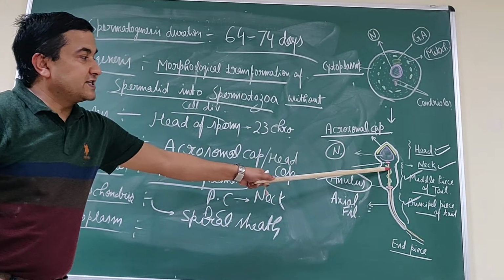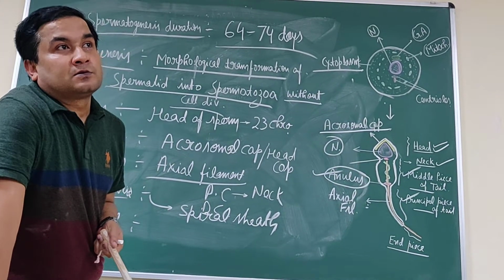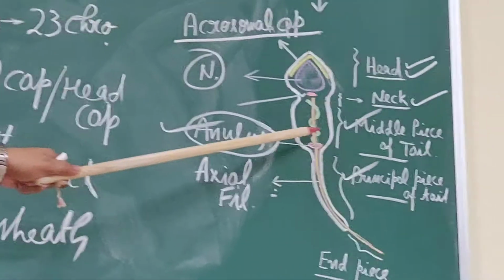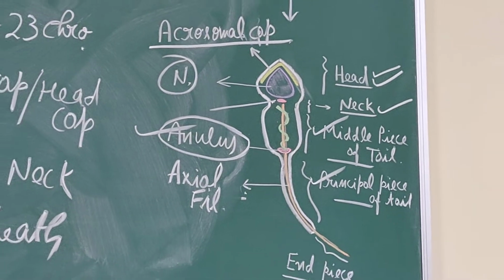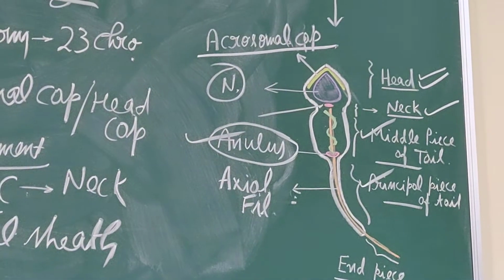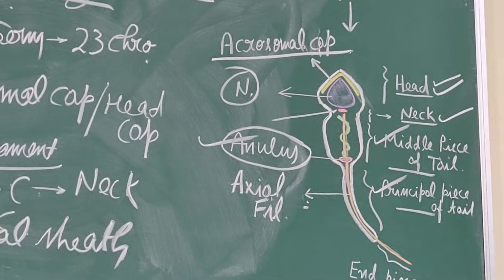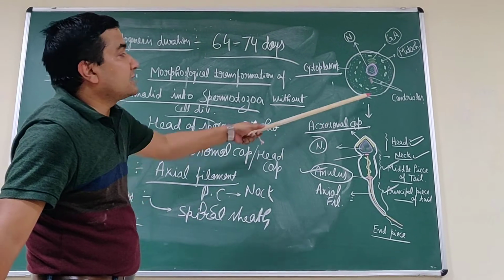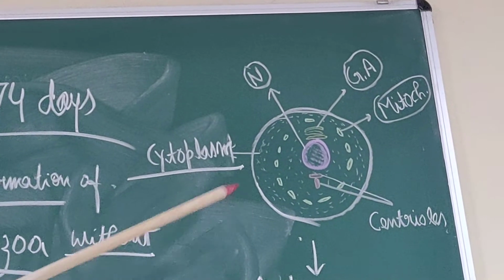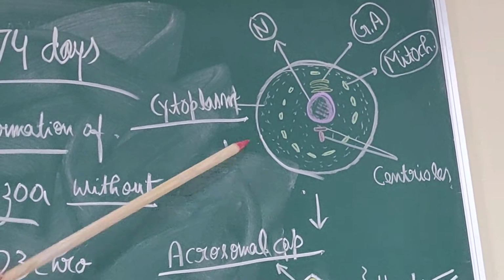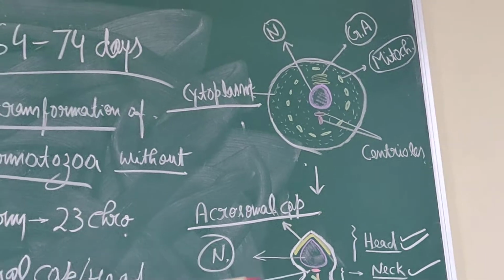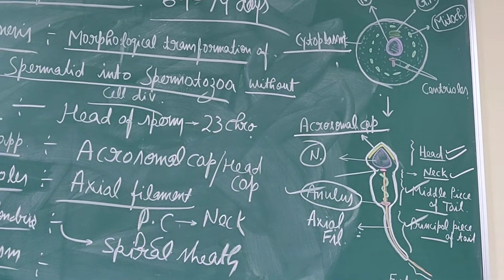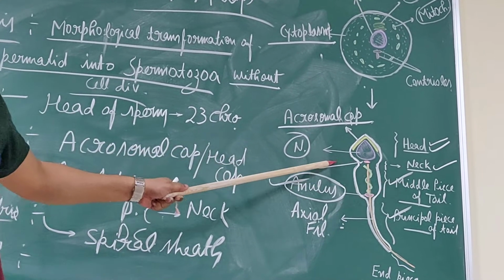This green structure is the spiral sheath, which surrounds the axial filament of the middle piece, or the axial filament that is present in the body. This means the mitochondria distributed in the cytoplasm of the spermatids fuse to form the spiral sheath, and this spiral sheath encircles the axial filament in the middle piece or the body of the spermatozoa.